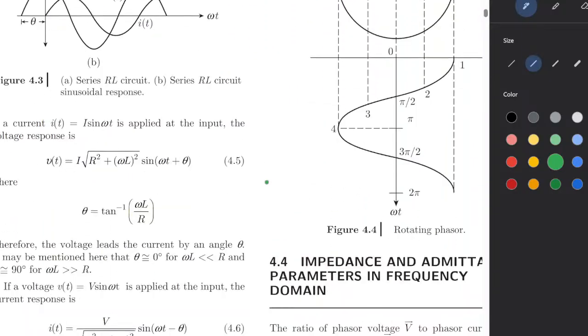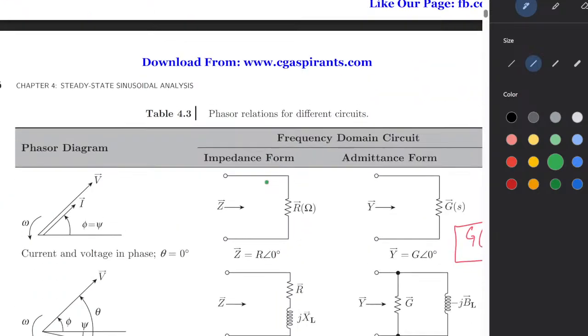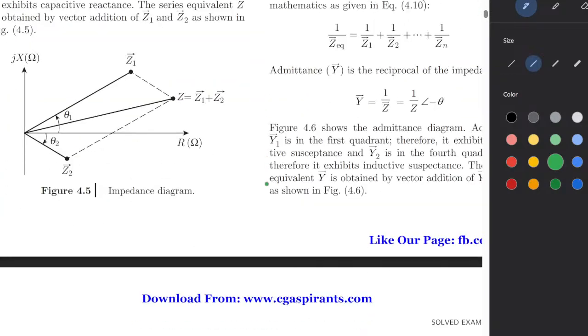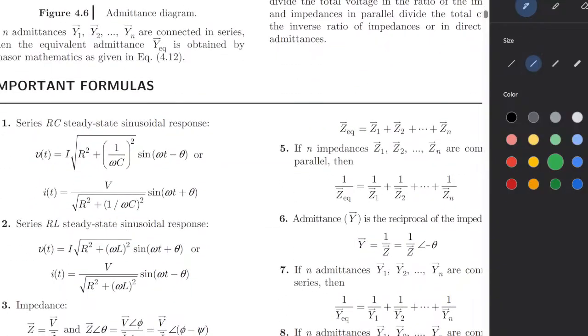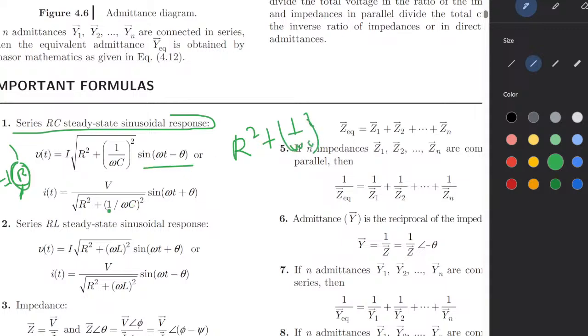What are phasors? Impedance, phase angles, impedance, all these things. An important formula we have to keep in mind is for the series RC steady state analysis. We see the formula V is equal to I R, so for the equivalent impedance of the RC circuit, it is the square root of R squared plus (1 over omega C) squared, with angle theta.